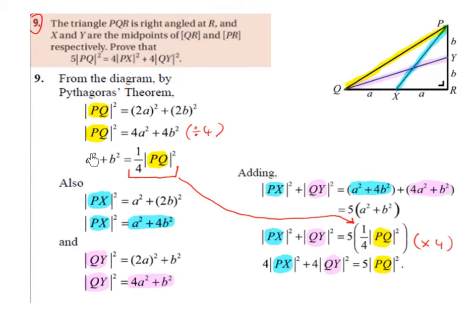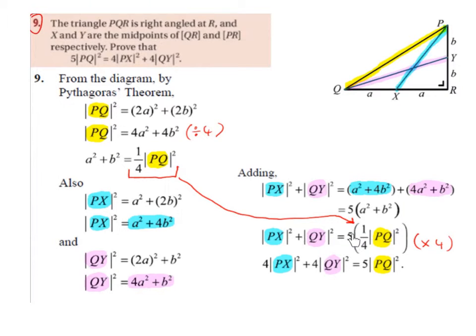Now we worked out a squared plus b squared to be a quarter PQ squared. So we're going to swap this a squared plus b squared for a quarter PQ squared. And obviously we bring down the 5 and the brackets, very important, don't forget the brackets. So we have PX squared plus QY squared is equal to 5 times a quarter PQ squared.